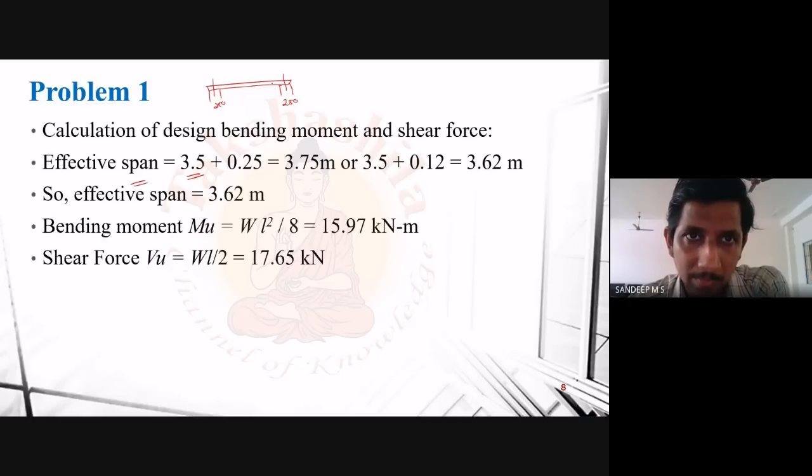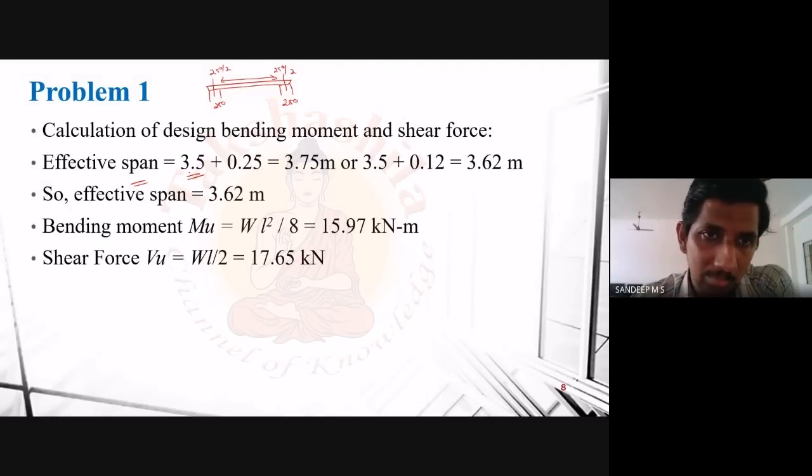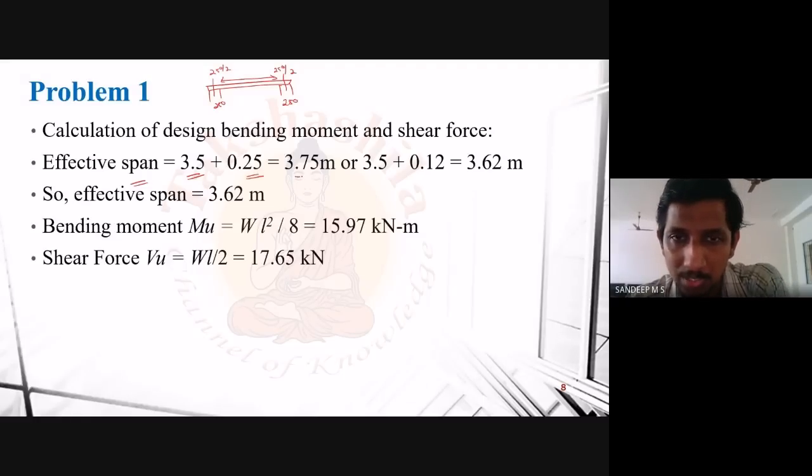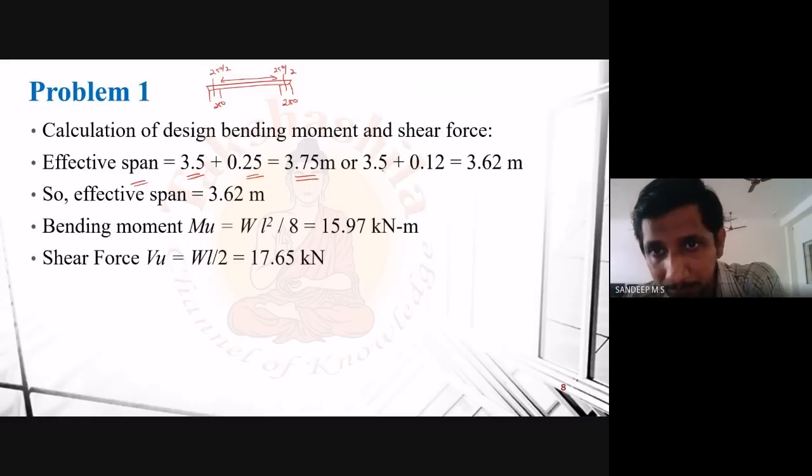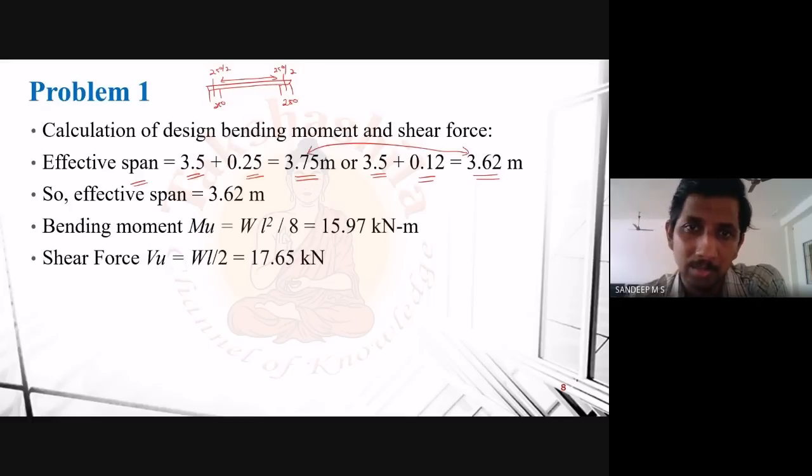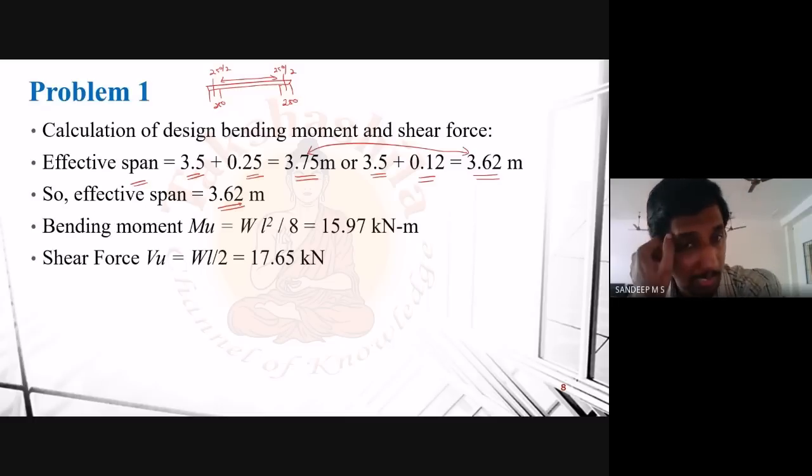So this distance will be the clear span plus 250 by 2 here, and also 250 by 2 here. Adding this up, we have a single 250. That is why we have written it as 3.5 plus 0.25, and this comes around 3.75 meter, or clear span plus effective depth, and in this case it is 3.62. We have to select the smaller of these two values, as per our IS code, and we observe that 3.62 is the smaller value. So the effective span will be taken as 3.62.